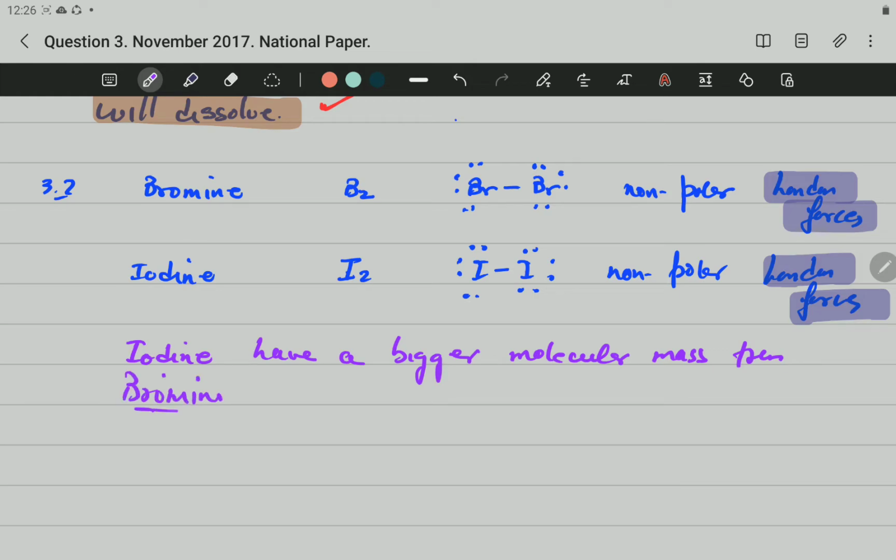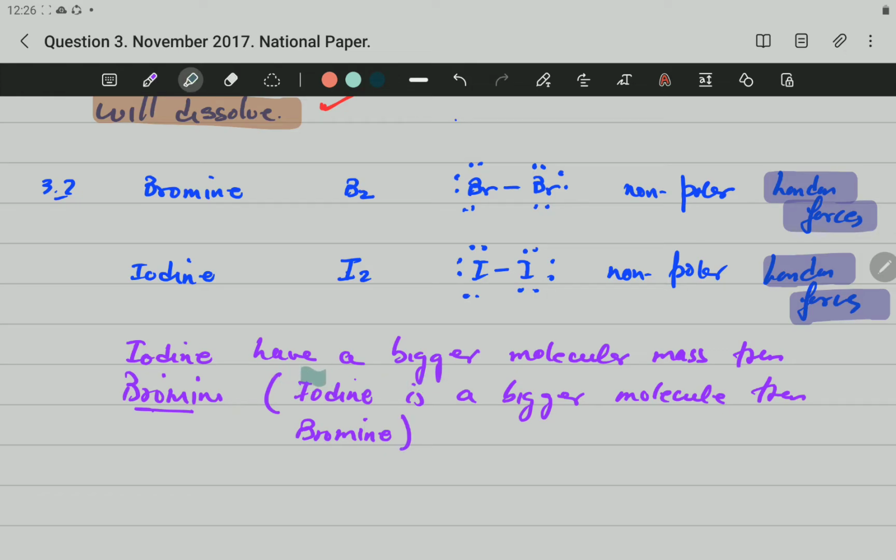Or you can say that iodine is a larger molecule, a bigger molecule than bromine. That is important.